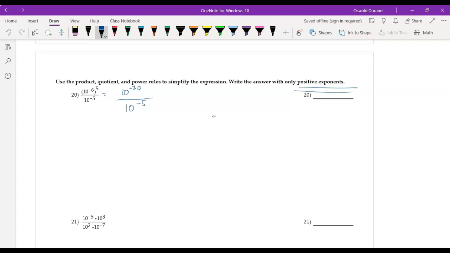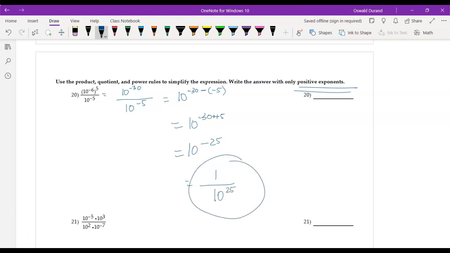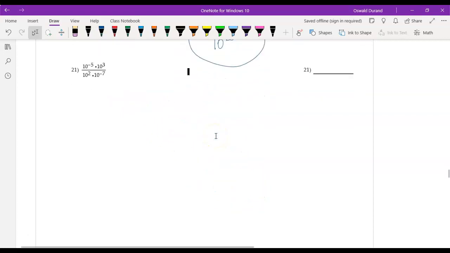Now we use the quotient rule, and that's 10 to the power of -30 minus, I'm sorry, minus -5. So minus -5, and that gives me 10 to the power of -30 plus 5, which is 10 to the power of -25. Okay, we do not want a negative exponent. We want a positive exponent, so therefore it's going to be 1 over 10 to the power of +25. So that's your final answer. Okay, that's the approach there.